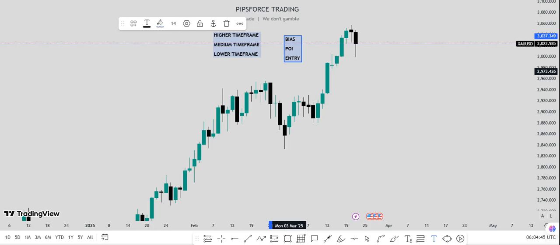And as a day trader, these time frames are very important.